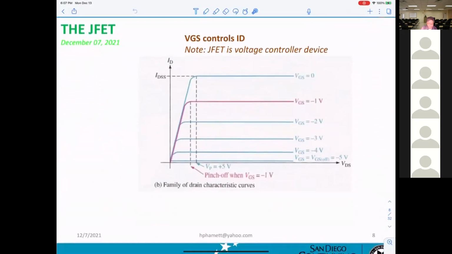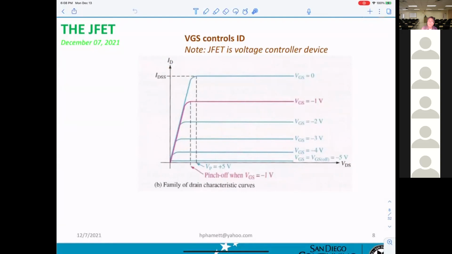Now, you can see the picture. It's a family of drain characteristic curves. This stands for ID. This stands for VDS. The curves here stand for VGS.